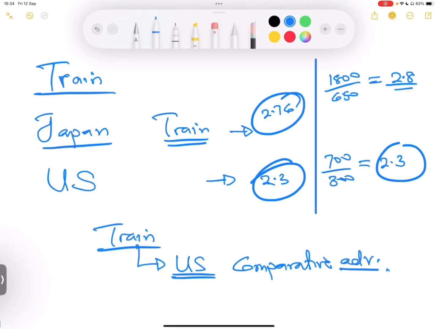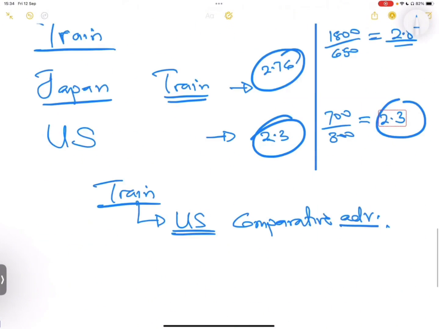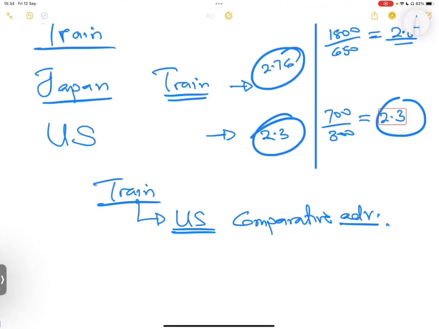Is this clear? Gradually, we're building these little concepts. If you're going to advise a company, you're going to find a question whereby you have so many concepts built in it, and you must be able to start sieving those details out one by one. And when you're writing your report, you are able to consider everything that needs to be considered. You cannot advise this Japanese company now to go and start selling train in the US.